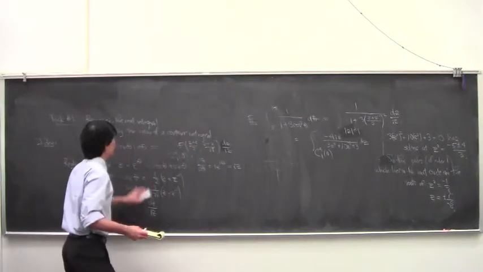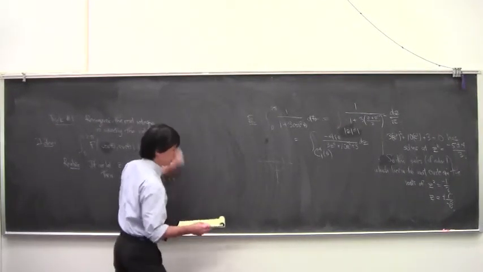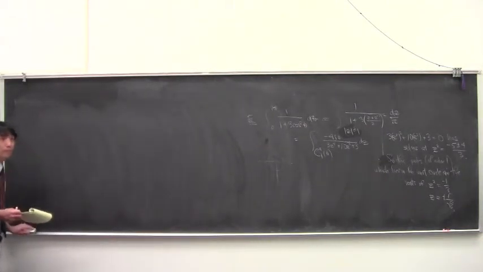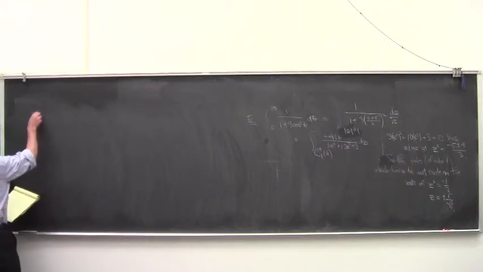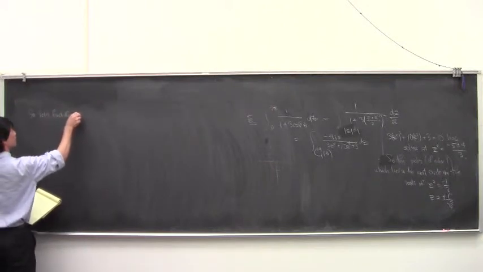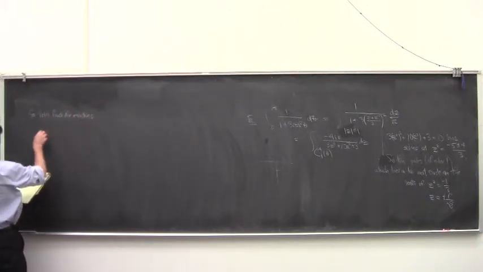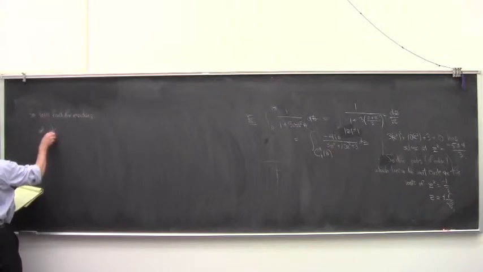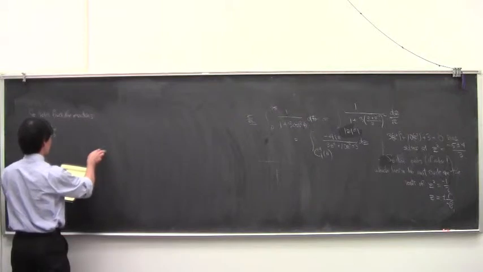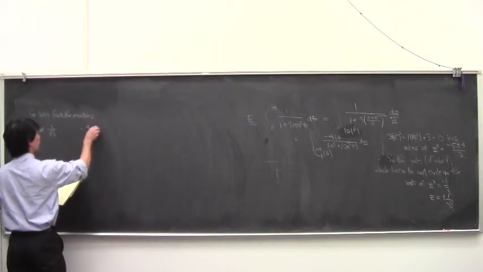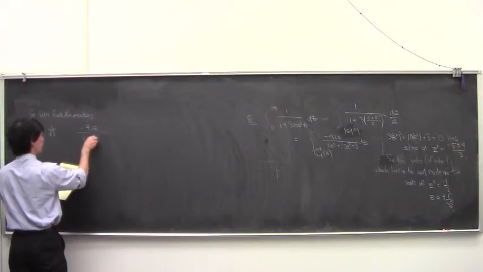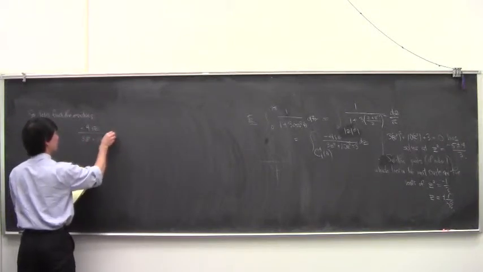Okay, so we need to find them. So let's find the residues. At i over root 3, we have this function, 3z to the 4th plus 10z squared plus 3.